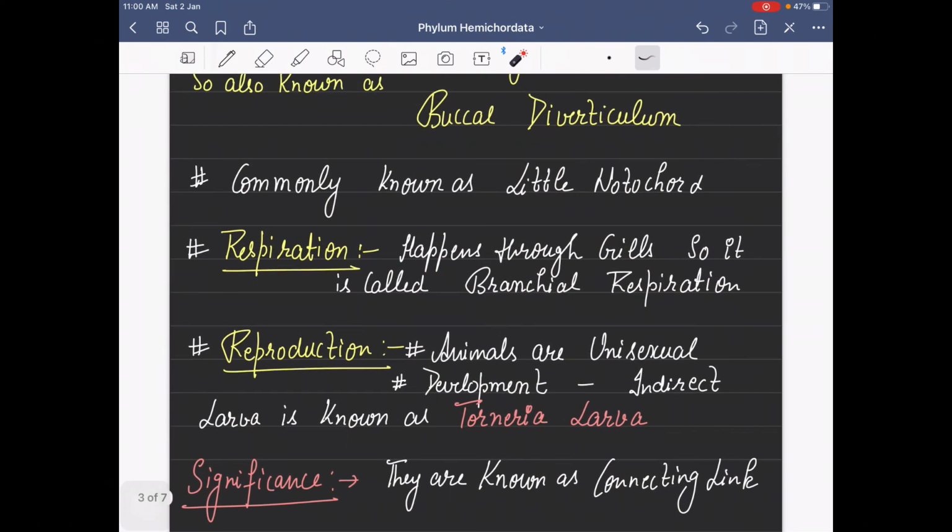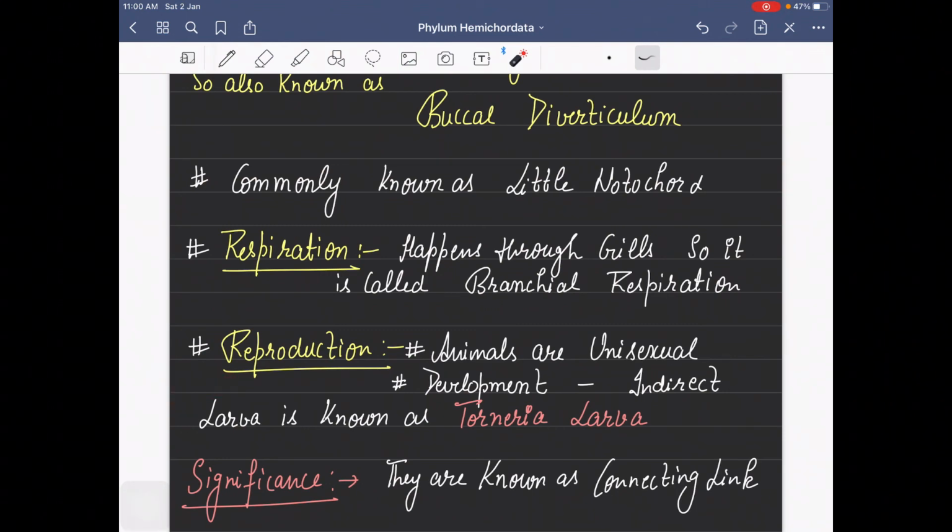Reproduction: animals are unisexual, they are dioecious, their sexes are separate, and development is indirect. The larva is known as Tornaria larva. Larval names are very, very important here. Tornaria larva of hemichordates.